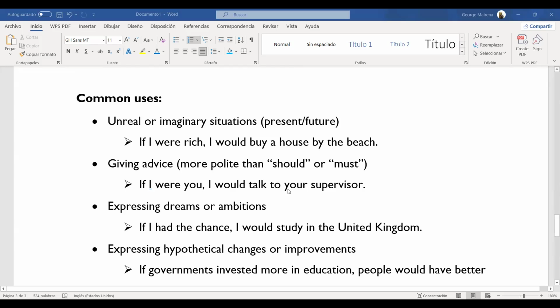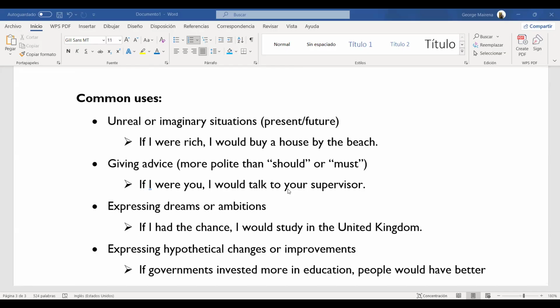Among the common uses for this conditional, we have real or imaginary situations. For example, if I were rich, I would buy a house by the beach. Another usage is when we want to give advice, like, if I were you, I would talk to your supervisor, or, if I were you, I wouldn't do that.